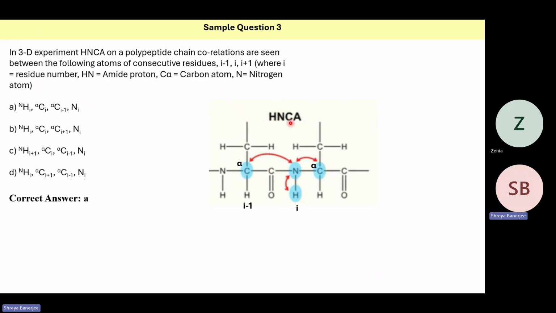That is why it's the HNCA. H for this hydrogen, N for this nitrogen, and CA for the two C alphas. So the answer here is H, the amide hydrogen of the I residue, the C alpha of I and I minus 1, and the N of I. So the correct answer is option A.